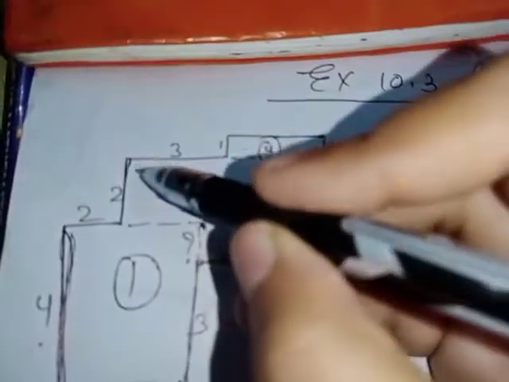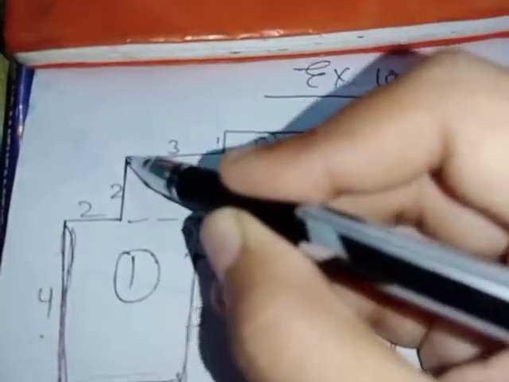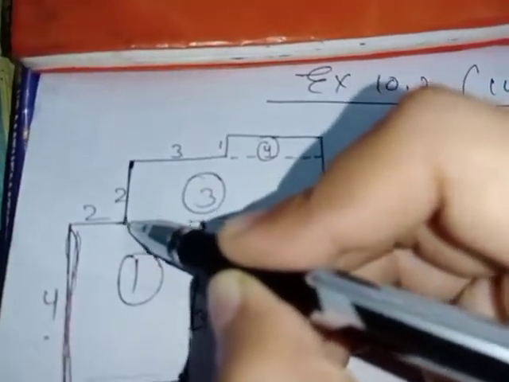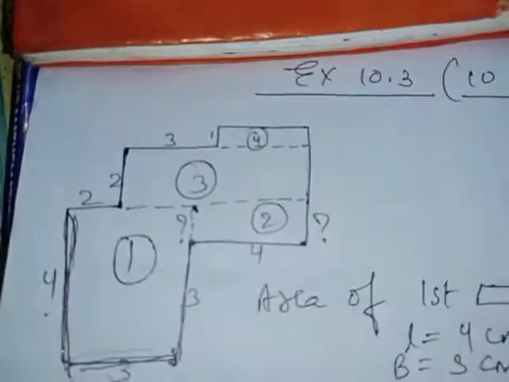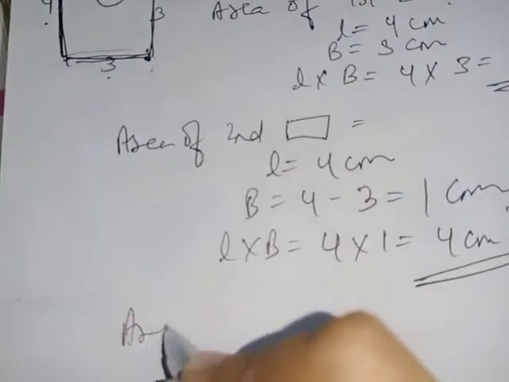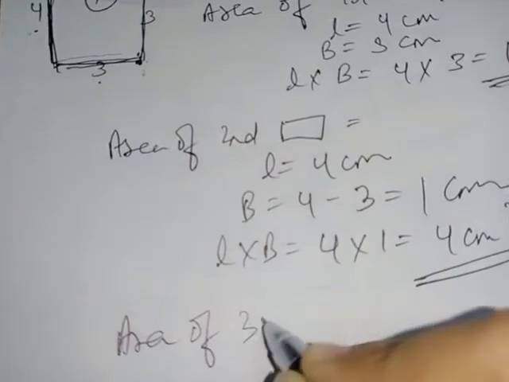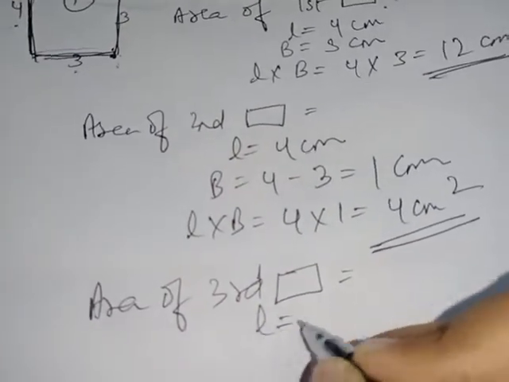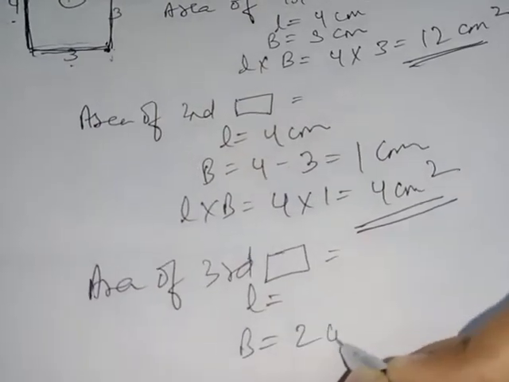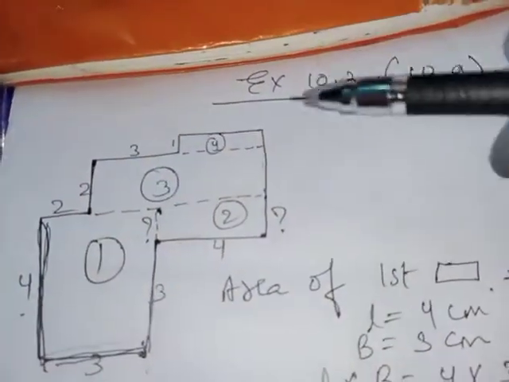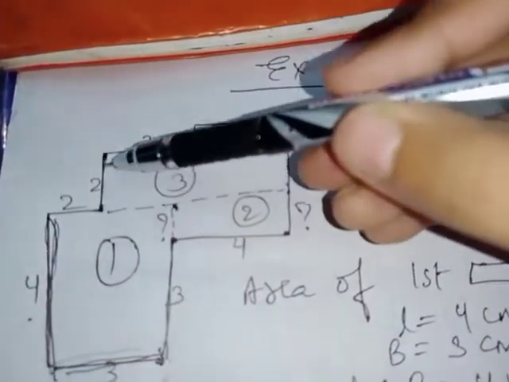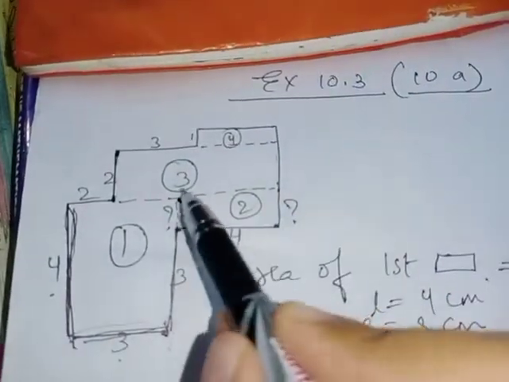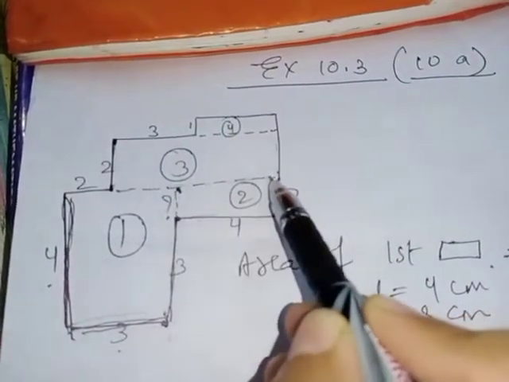Starting from here till here, measurement is given 2. So we can say area of third rectangle, length we do not know still, but breadth we know is 2 centimeter. You can see already given in the figure, this is 2 centimeter. We want to know this portion complete. Okay, now how can we know?